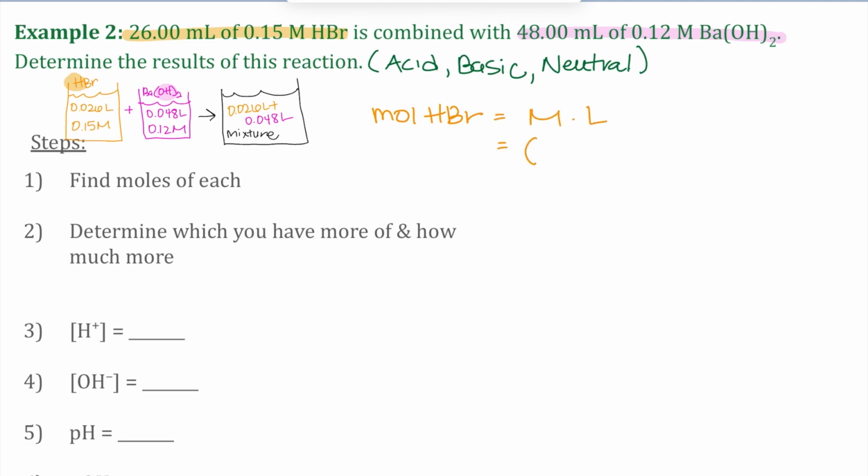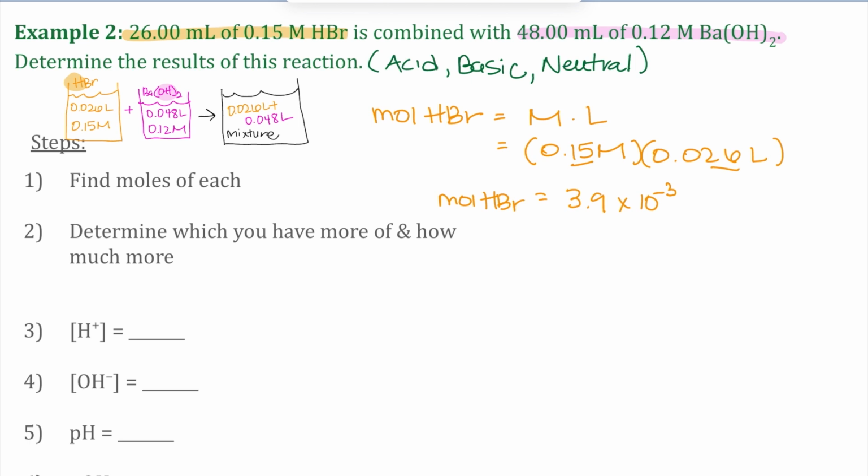So we're going to have that molarity, 0.15 molar, times 0.026 liters. I dropped my zeros just because I can see I'm going to have 2 sig figs after this. And when I do that, I get 3.9 times 10 to the negative third. That is how many moles of HBr we have.